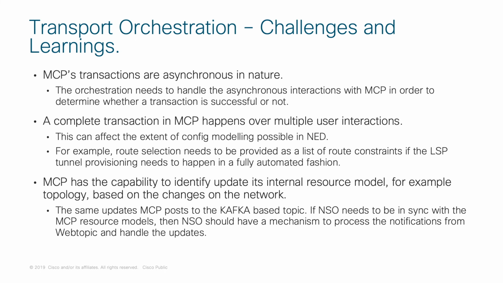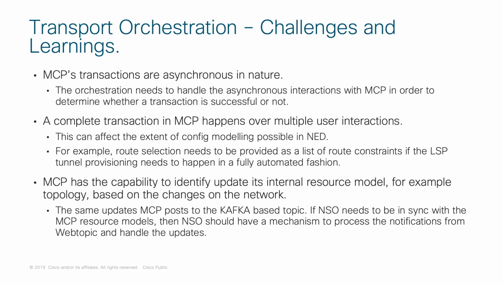Also, the way in which MCP currently does the provisioning is in multiple steps. For example, if we are doing an LSP tunnel provisioning, once the user enters the A end and Z end, MCP goes and calculates the best available routes between the endpoints, and then allows the user to select one.